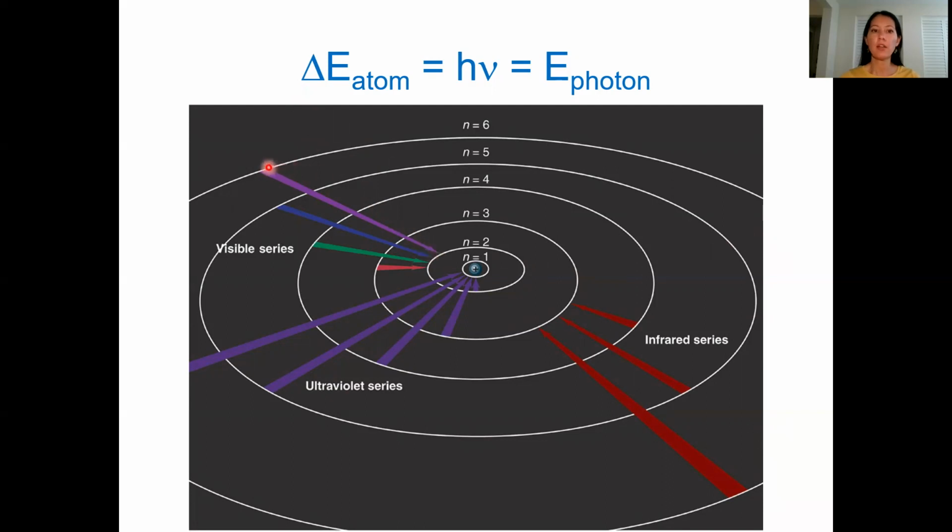So if I was again talking about, let's say, the blue light being observed, that means an electron went from n equals 5 to n equals 2. Delta E could also be determined just by knowing the energy of the n equals 2 level minus the energy of the n equals 5 level. So sometimes we have an idea what those energy levels are and the energies for those levels.